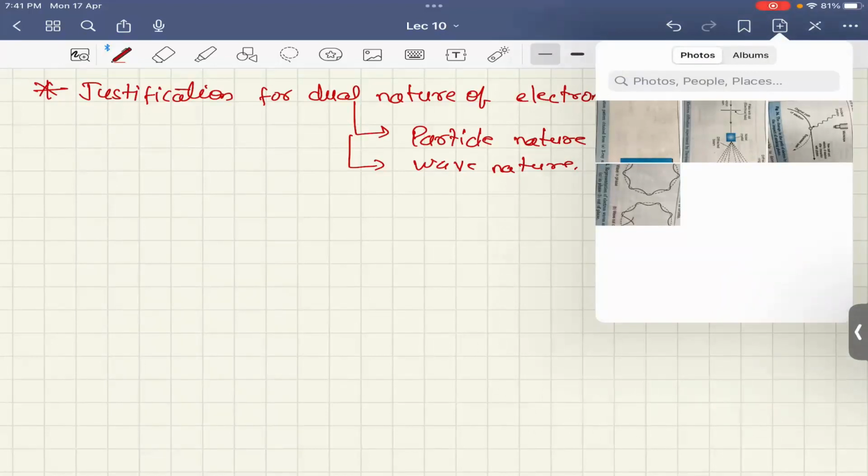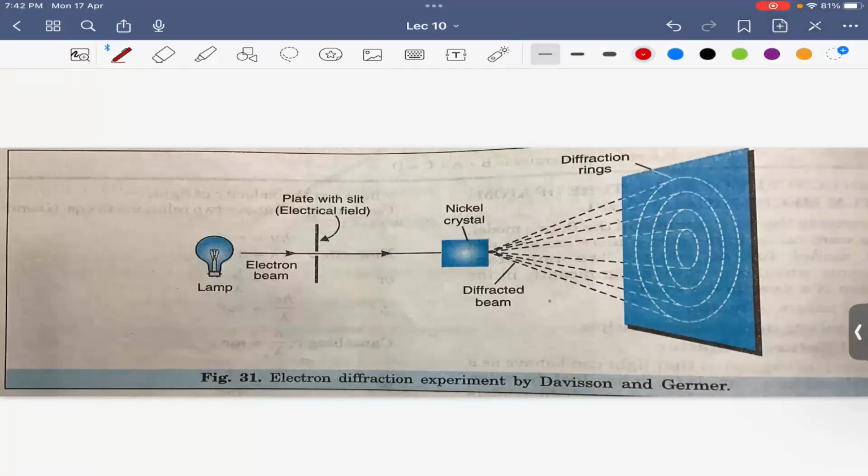So let me first drag a figure. This figure depicts the electron diffraction experiment performed by Davisson and Germer, right? So electrons exhibit the characteristics of a particle. They have a definite mass, right?